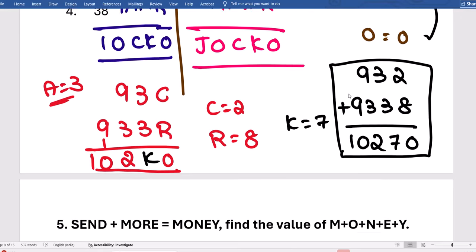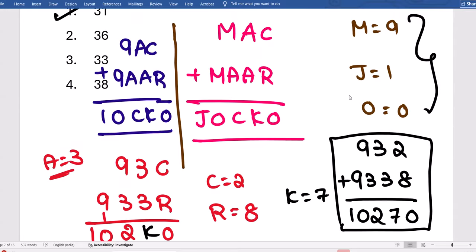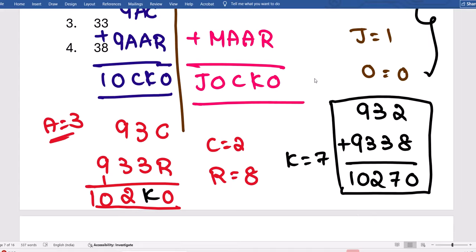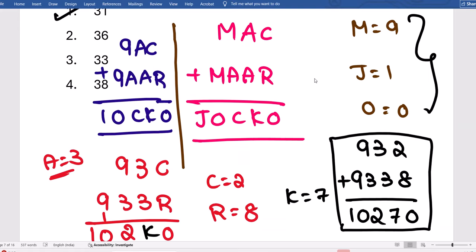See, in the previous question, if you try some other values like A value 4 and so on, you can see there is some issue. You may have a doubt: why only A value 3, why can't we try different values?